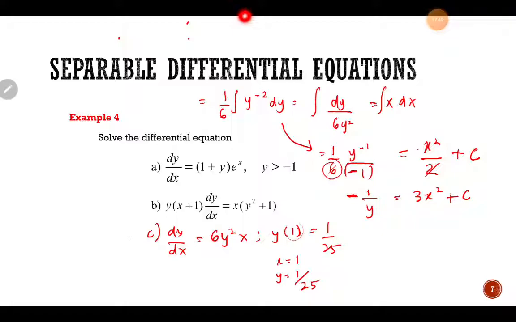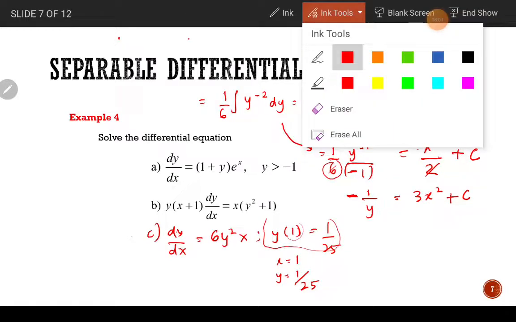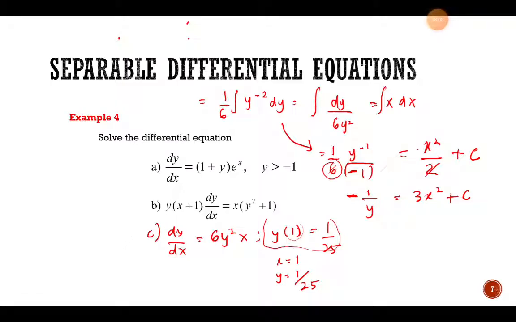Okay, maybe tadi kita express terus y dalam bentuk x, tapi sebab sekarang ni initial condition is given to you, might as well you tak payah nak tukar dulu expression, cari dulu c value. So c value initial condition given to us is this one. Y sama dengan 1/25, which is equals to negative 25 lah.